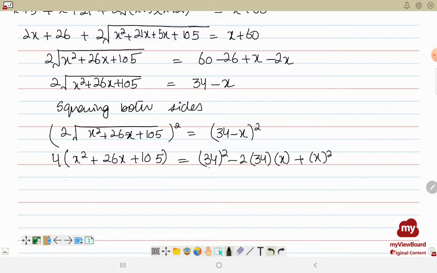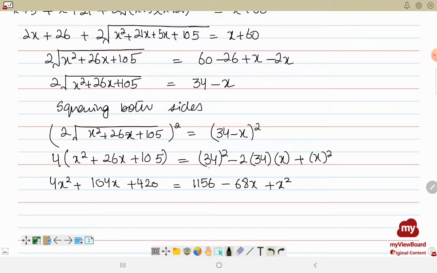So we'll open up the brackets, we'll open up all the squares. So we are having 4x square, and here we have 104x, and here we are going to have 420. And when you take the square of 34, it becomes 1156, and here we have 68x and plus x square.